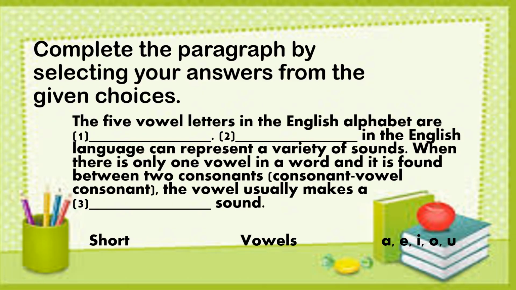Okay, complete the paragraph by selecting your answers from the given choices. The 5 vowel letters in the English alphabet are blank. Blank in the English language can represent a variety of sounds. When there is only one vowel in a word and it is found between 2 consonants, consonant, vowel, consonant, the vowel usually makes a blank sound. Okay.